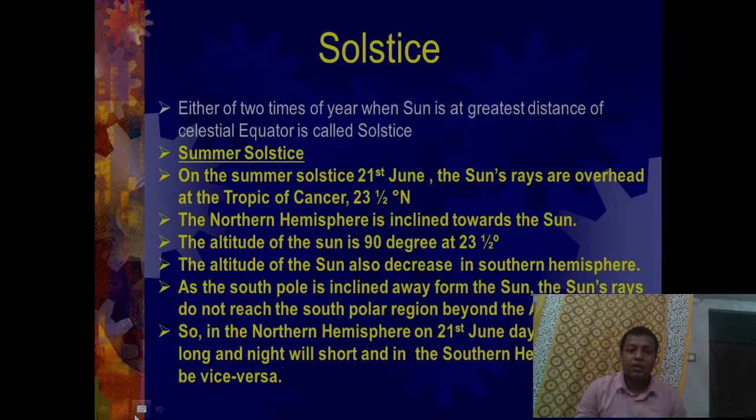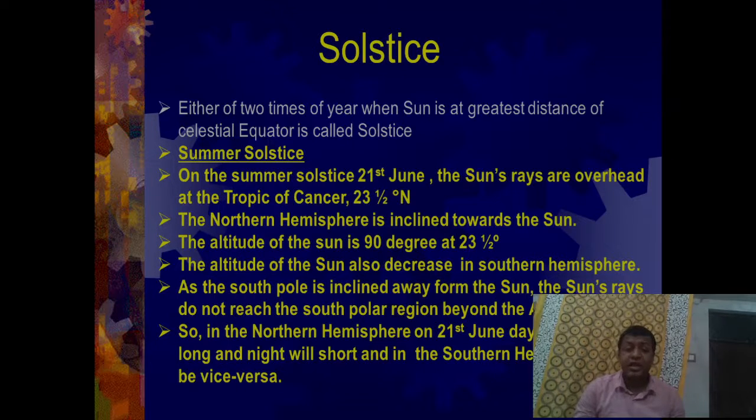The northern hemisphere is inclined towards the sun in the month of June. In June, the projection of the sunlight is definitely 90 degree over the Tropic of Cancer, that means 23.5 degree north.